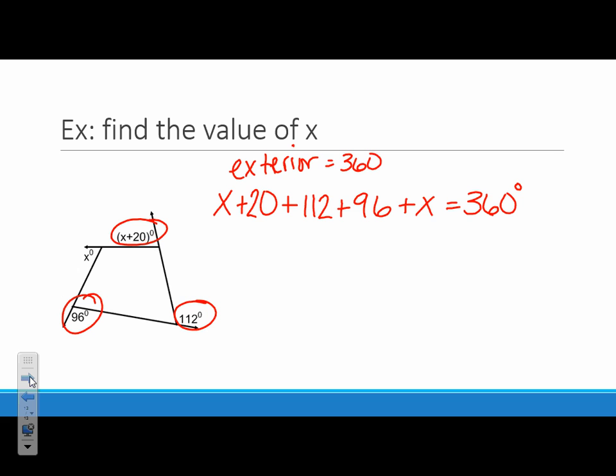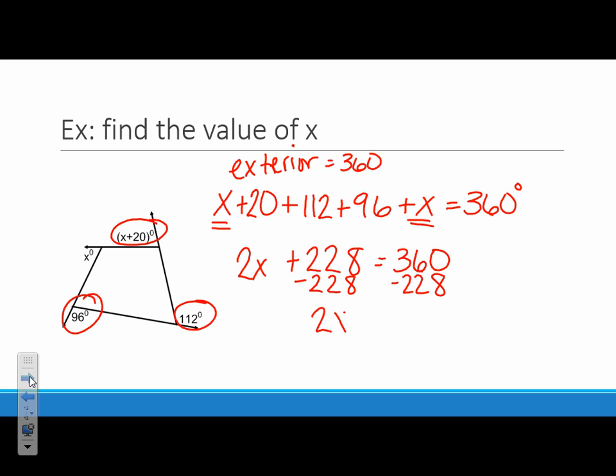So now if I were to combine like terms, notice I have two x's this time, and I have a 20 plus a 112 plus a 96, and that's 228 equals 360 degrees, and now I can solve. Minus 228, minus 228. 2x equals, let me do the calculations here, 132, and then divide by 2 to find my final answer of 66.